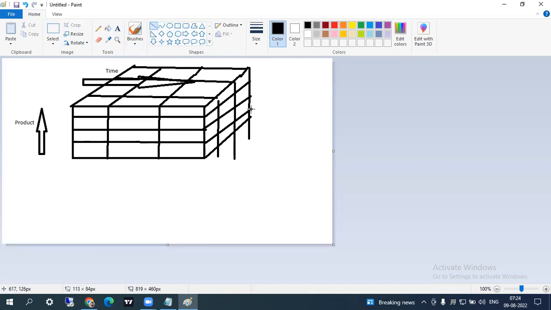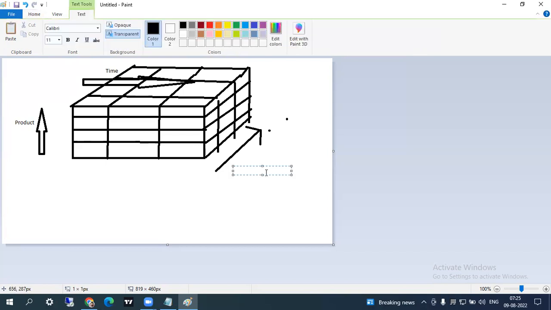Then the data looks like a cube. If I add the third dimension, that is location, you can call it the Z dimension.